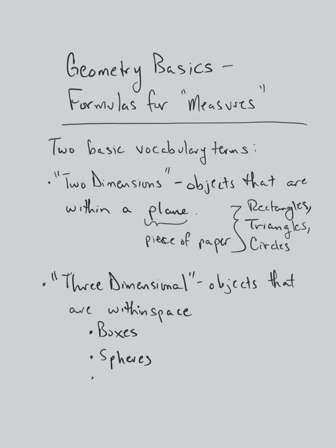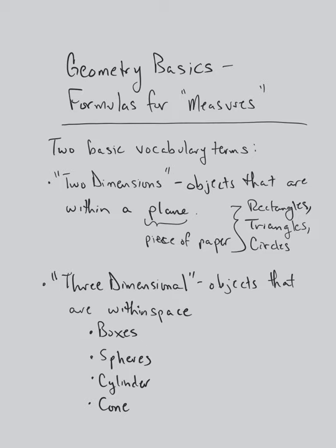And then the idea of what's called a cylinder, and then a cone are the basic objects that we'll look at there. The reason I'm pointing this out is that the things that we can measure in two dimensions are different than the things that we can measure in three dimensions. And so whenever we think about this, we'll need to think, at least behind the scenes, about what dimension we're in. That also affects the kind of units we get in our answers.